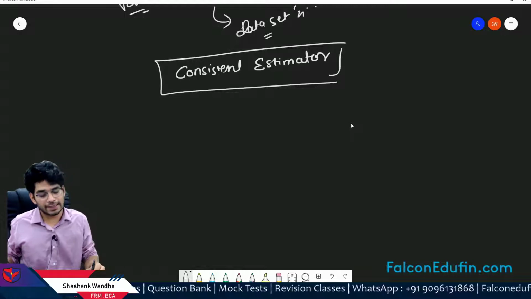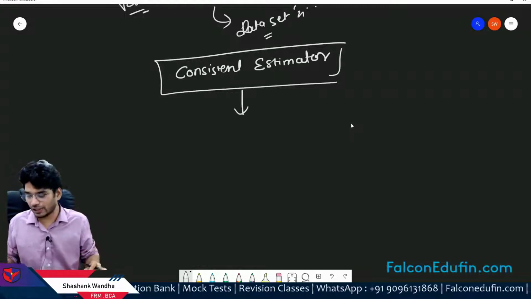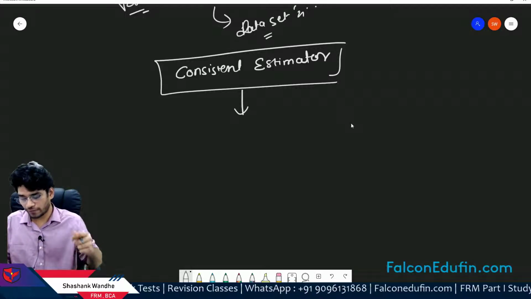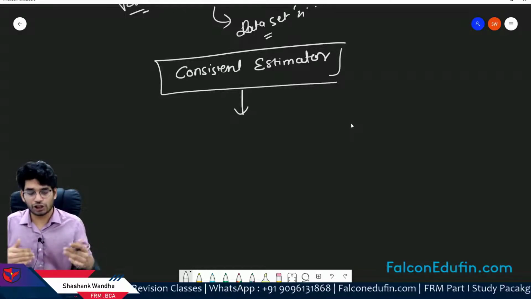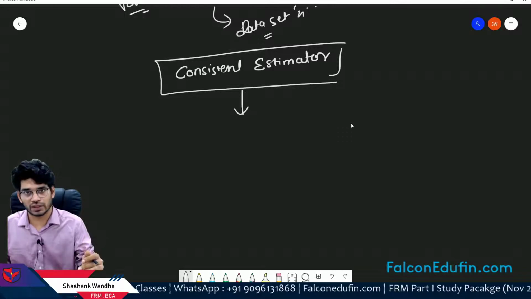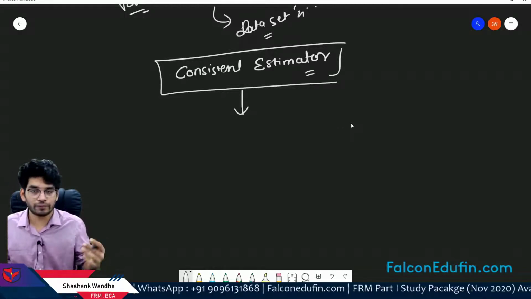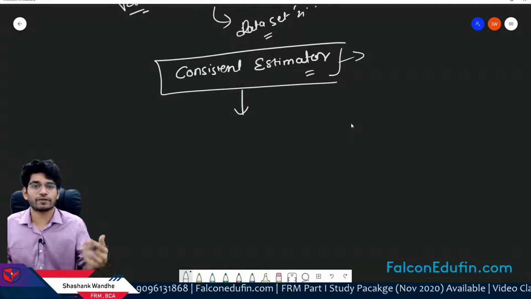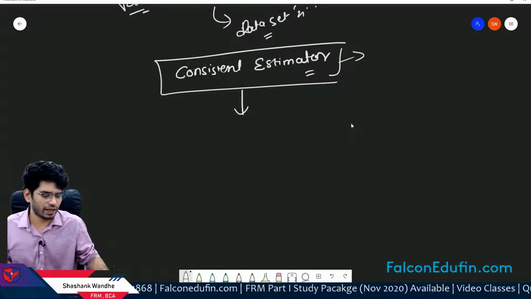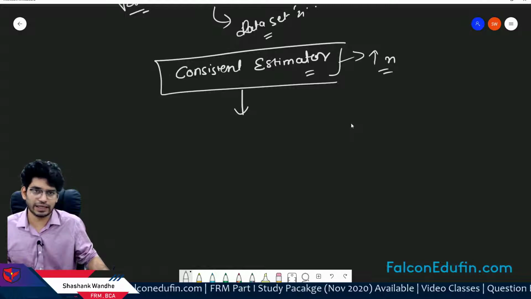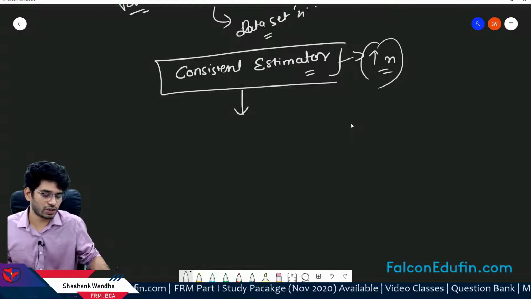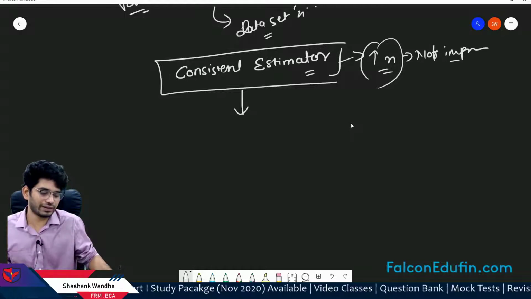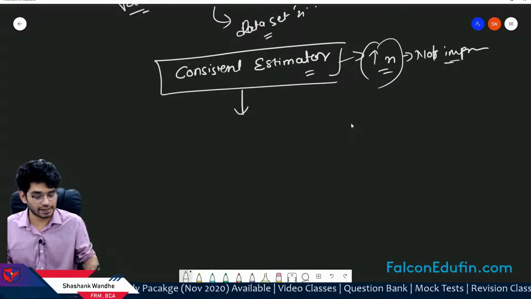So the term consistent estimator is, in general, as you increase the number of samples in your sample set, it should improve the accuracy of the estimator. If this is happening, then we will call it a consistent estimator. If the reverse is true, even if you are increasing the sample, increasing the n, and your estimator is not improving, then we will call it not consistent.